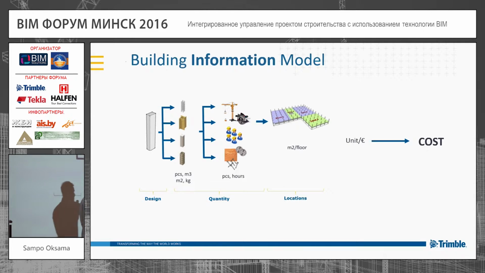Here we can see that we are already taking these locations and getting the quantities based on location. I will come back to that later. But the most important thing here is that your company knows the market price, and you get the quantities from here, and then you will get the costs from the model. So again, the information comes from the model.